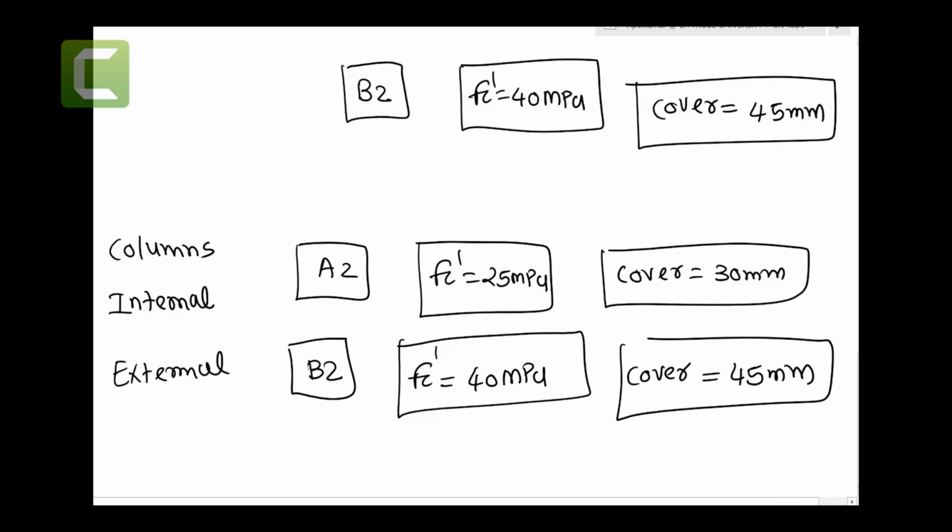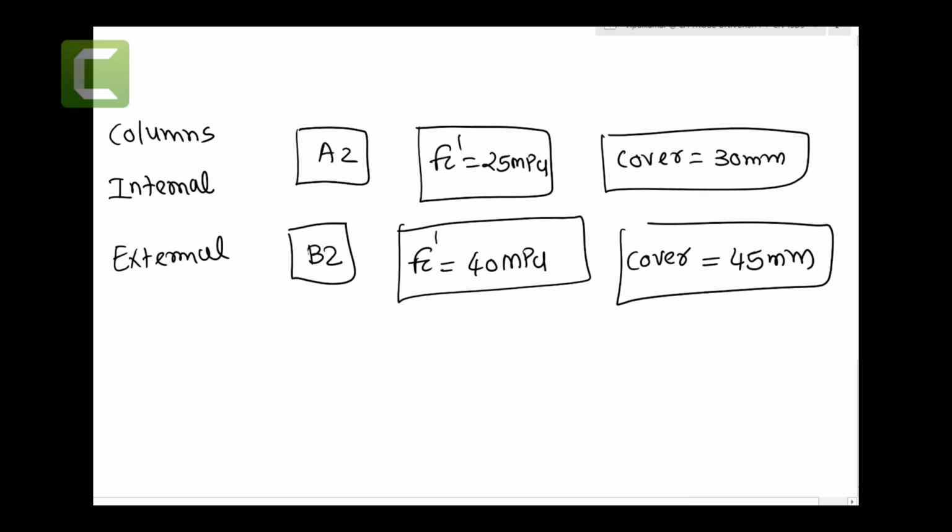Now for columns, I want to clarify a little bit more, because sometimes when you have connections between the external columns and walls, we need to provide some extra cover. So these need the extra cover to provide connections with column.